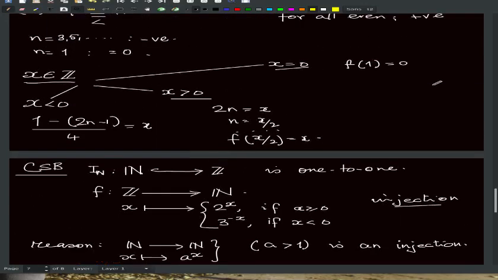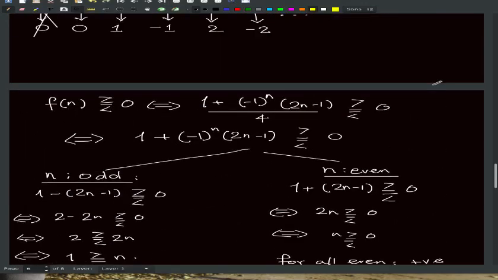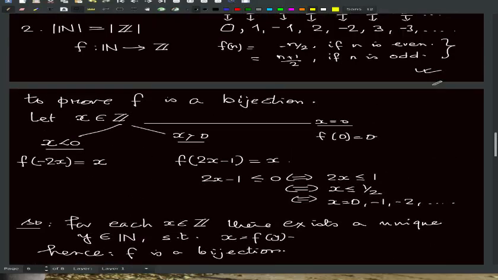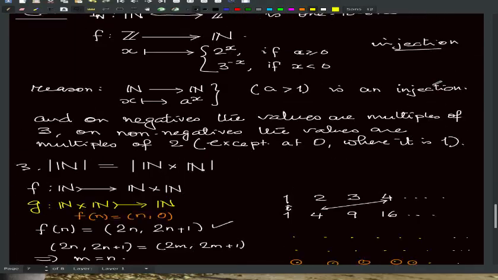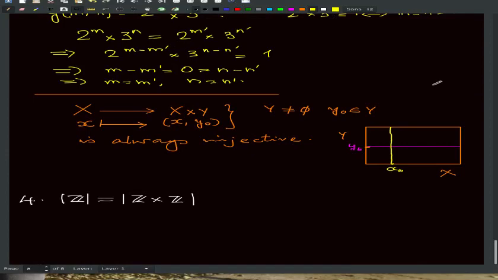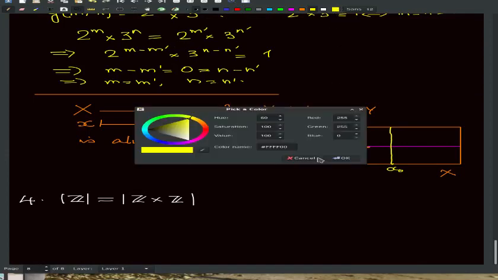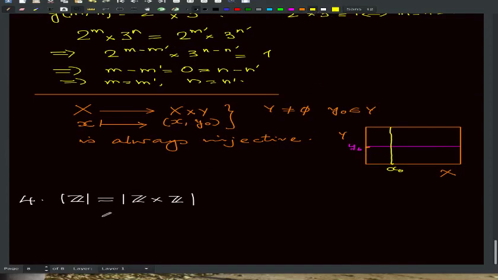Yes, and N is equipotent with Z. Correct? So correct. So you have already this, you have this, and you have this. Yes. Good. Now about the third one.